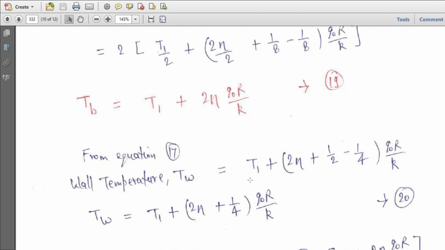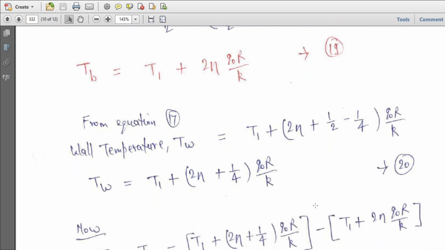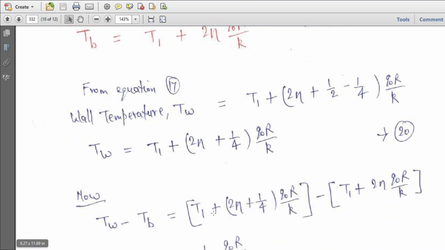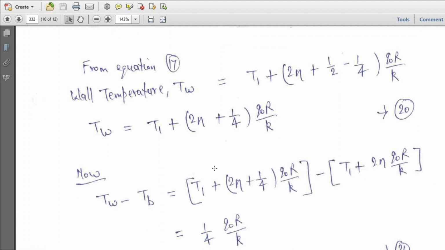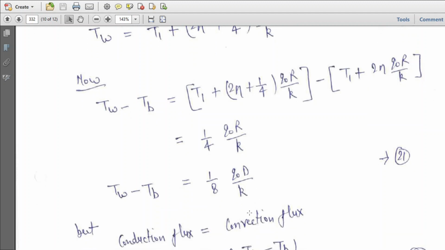Now from equation 17 we have wall temperature, that Tw equal to T1 plus 2 eta plus 1 by 4 q naught R upon k. So we have equation 20, wall temperature minus bulk temperature. So you have this one here, 1 upon 4 q naught R upon k, thus the 1 by 8 q naught D upon k.